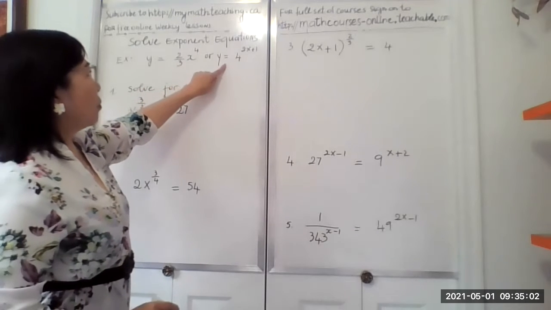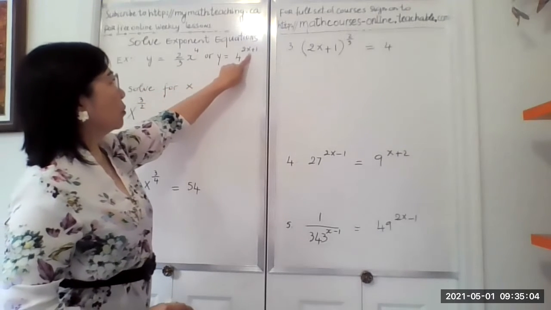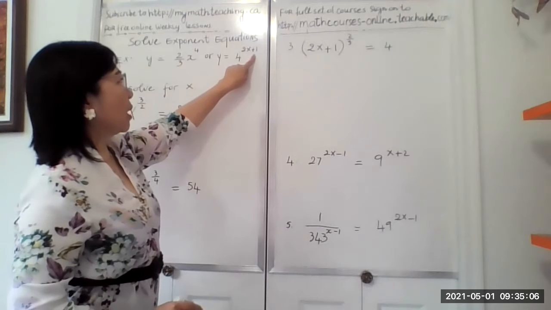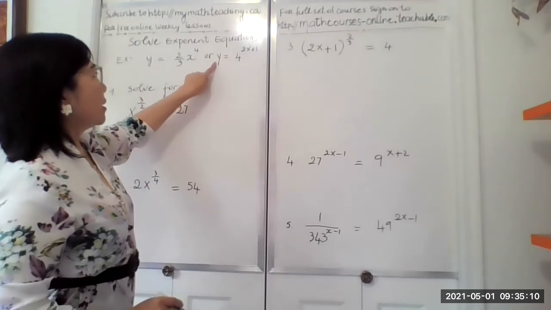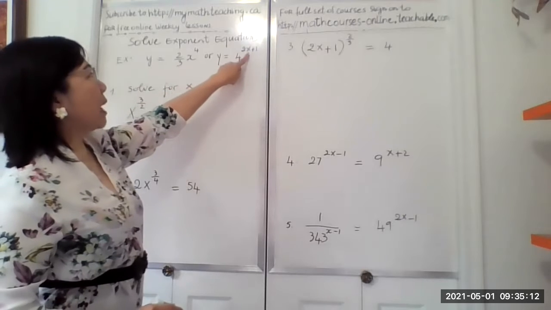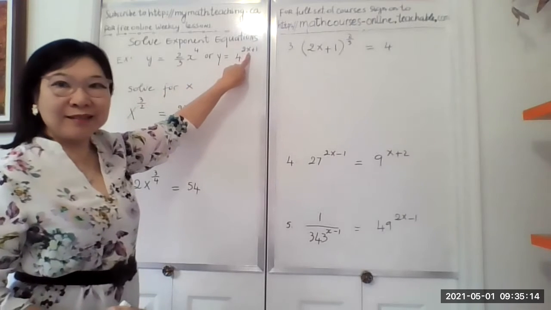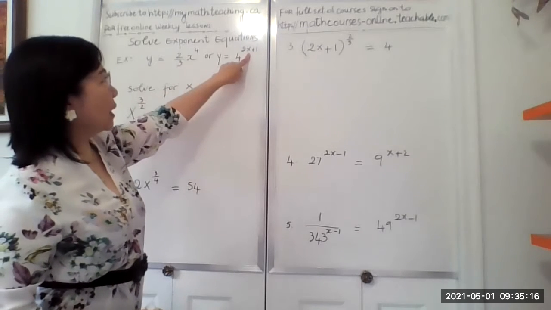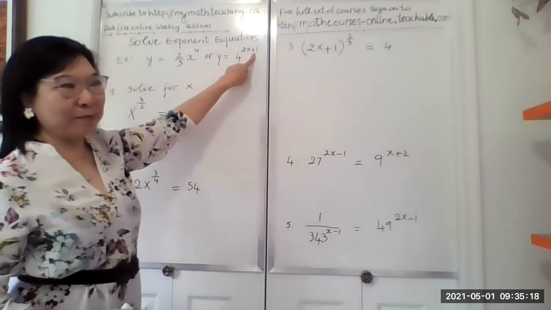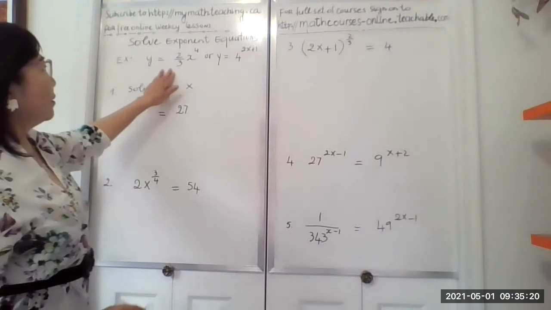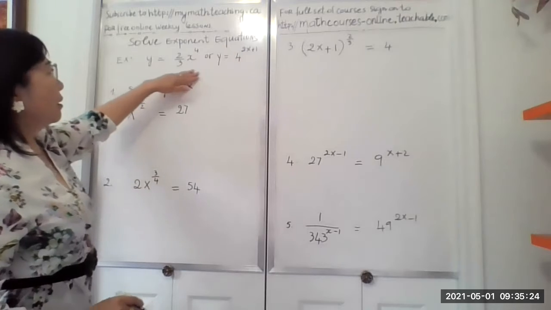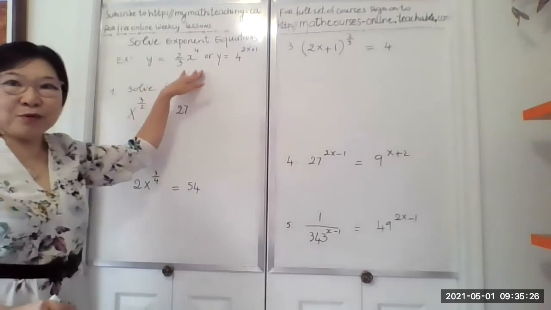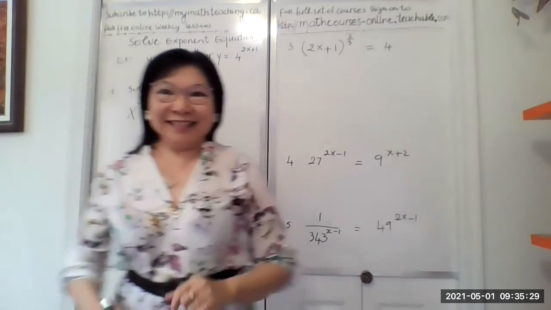And the second example, I have y equals 4 to the power 2x plus 1. In the second example, the power turned out to be the unknown variable, 2x plus 1, on the top as the power. This kind of equation you will see in the exponential function.